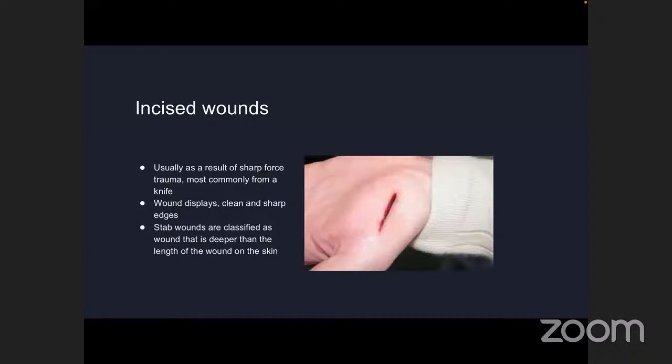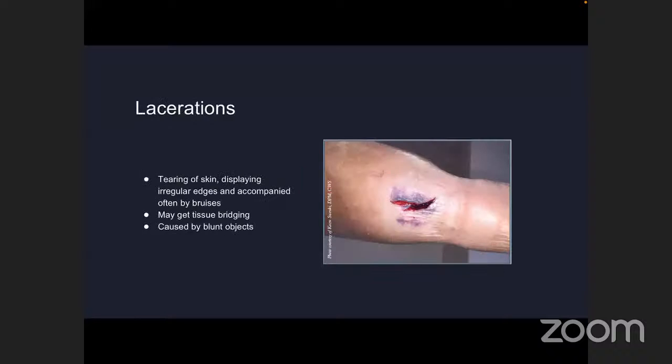Incised wounds are usually a result of sharp force trauma, and most commonly in our city, we may see it resulting from a knife injury. The wound displays clean and sharp edges, as you can see in the picture. And if the wound is deeper than it is long, then it's regarded as a stab wound.